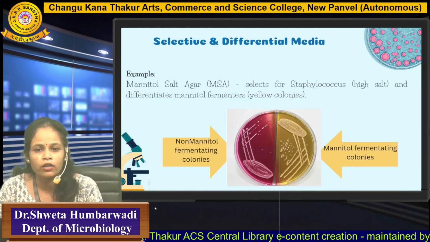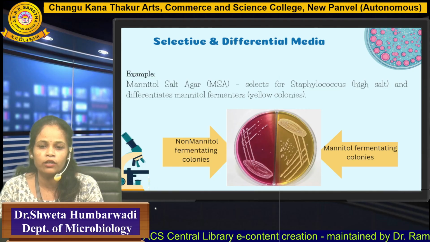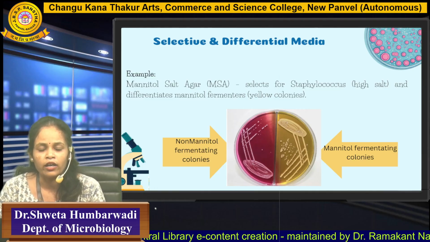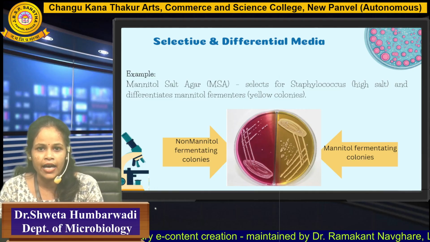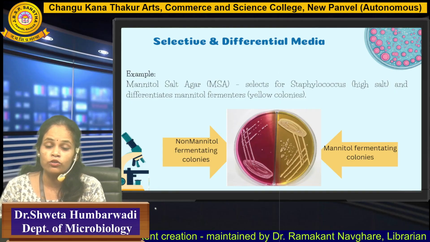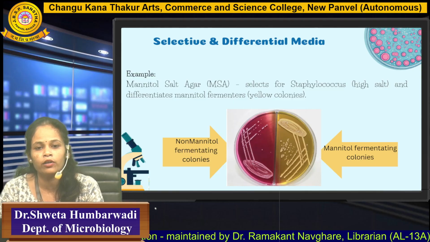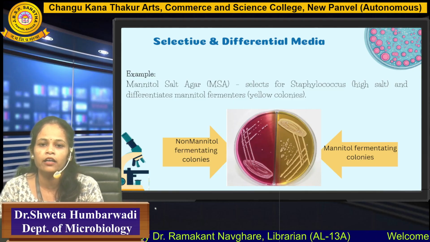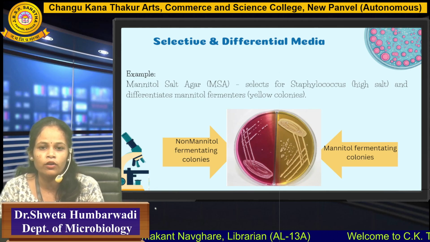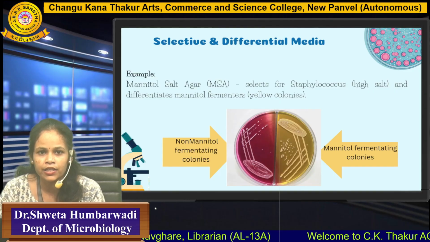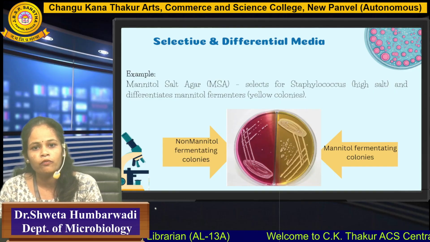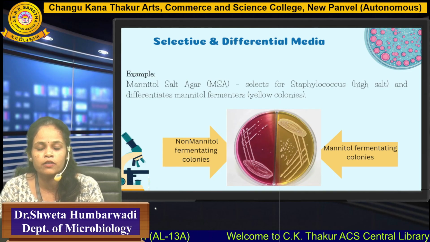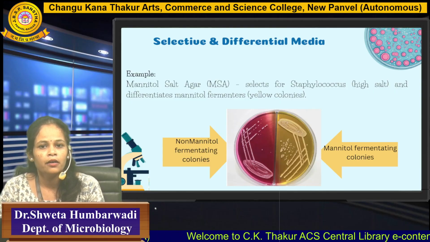Then comes mannitol salt agar. This mannitol salt agar is selective for halophilic organisms because it contains high salt. And it also differentiates between mannitol fermenting organisms and non-mannitol fermenting organisms. Those that are mannitol fermenting will form yellowish colonies because of the pH indicator phenol red, and non-mannitol fermenting organisms will show pink colored colonies over the media.